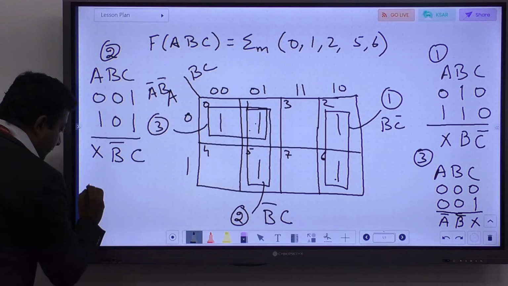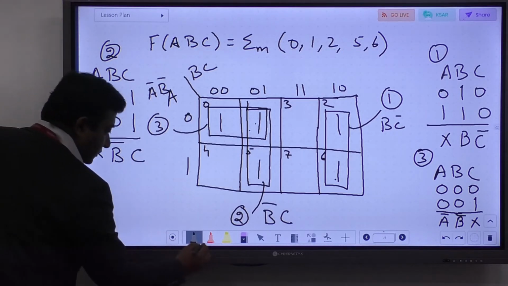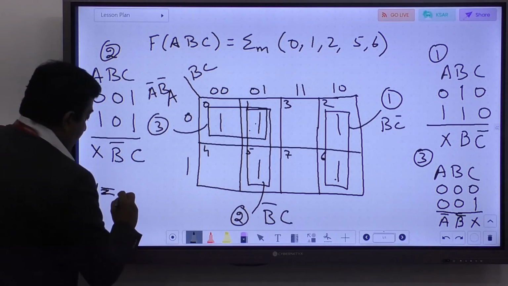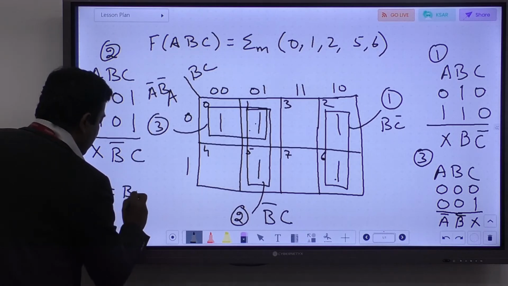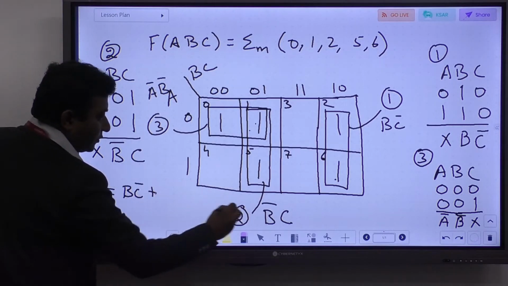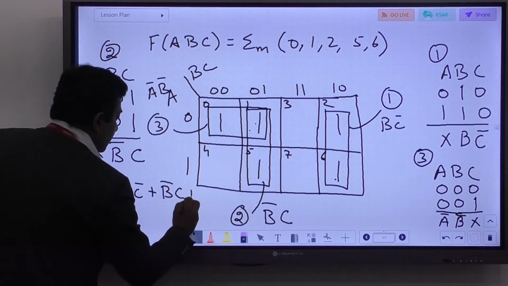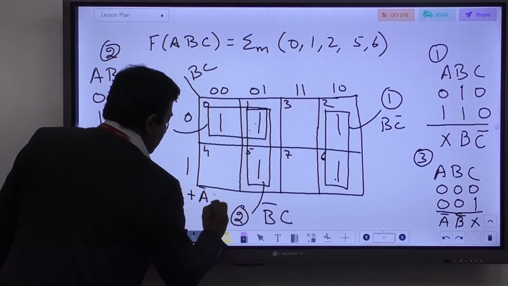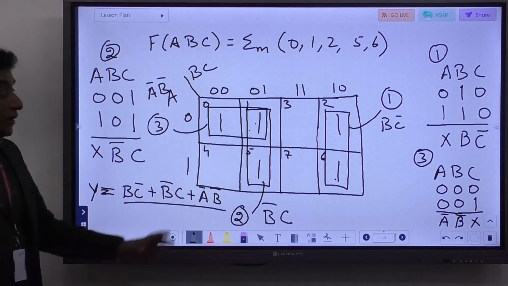So the final output would be y equals to, from group 1 we are getting B C bar, plus from group 2 we are getting B bar C, and from group 3 we are getting A bar B bar. So this is the final output which we are getting from our minterms.